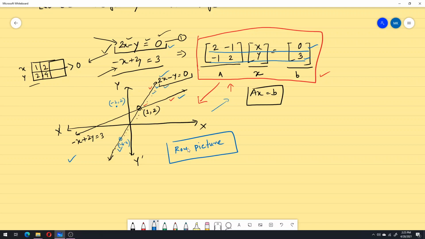Span means all the data points that you can achieve or explore with a particular equation, or a particular vector. Maybe we'll get to vectors later in this lecture, but for the time being, think about this equation.